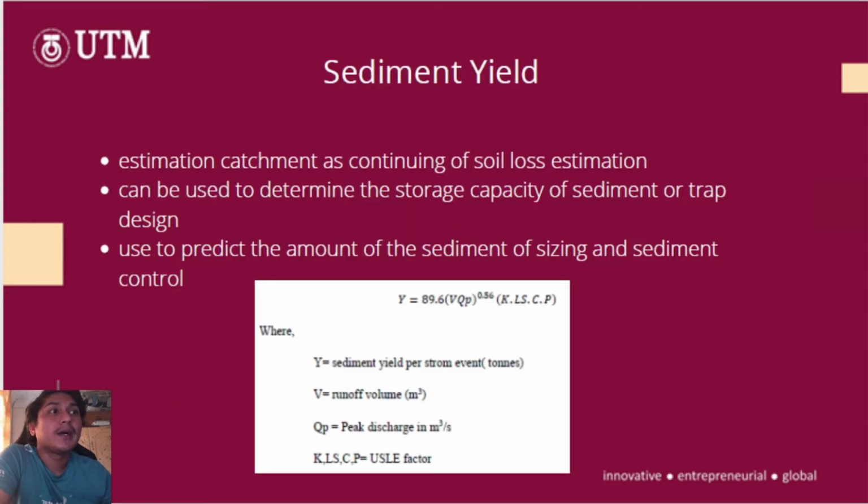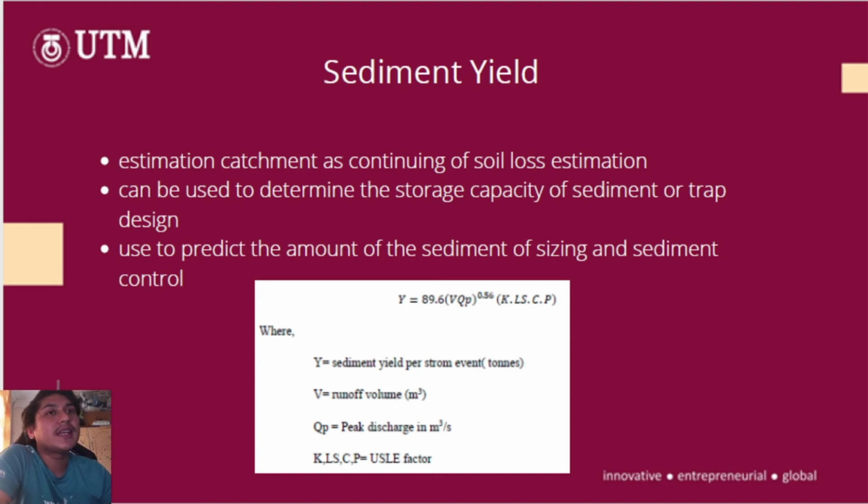At the end of the soil loss estimation, we have to calculate for the existing site, uncontrolled and controlled conditions. So we continue with the next design, sediment yield. What is sediment yield? Sediment yield is the estimation for the catchment, as a continuation of soil loss estimation.